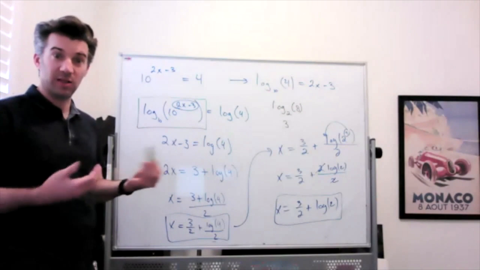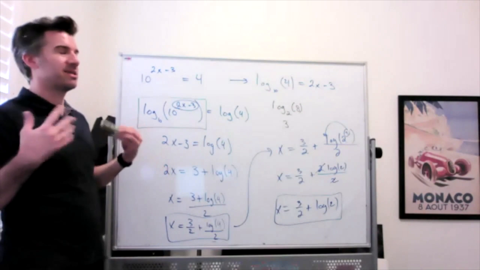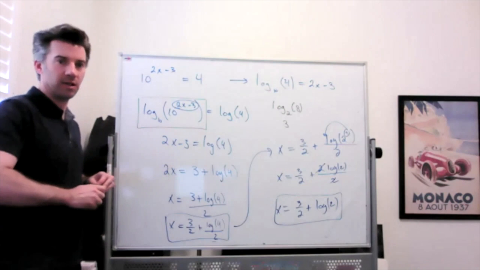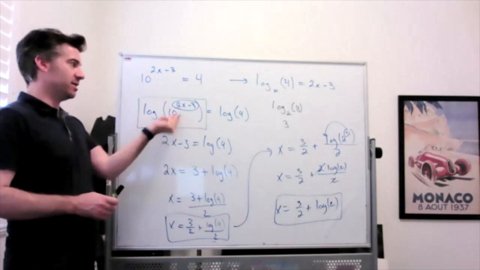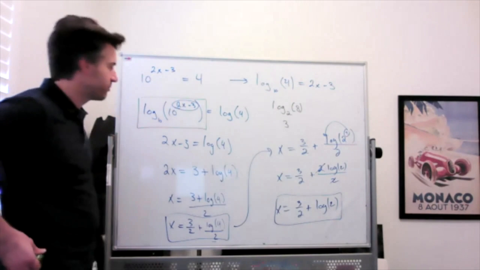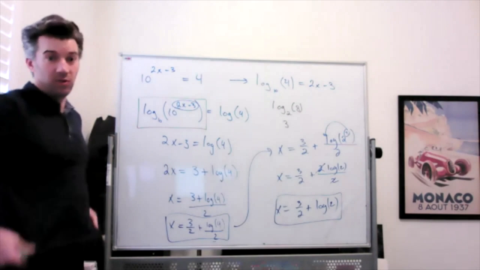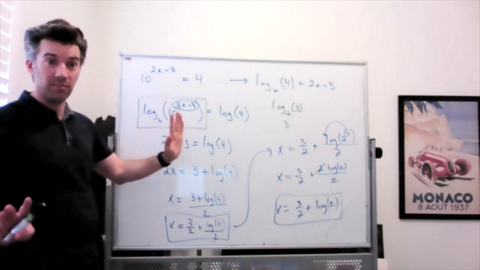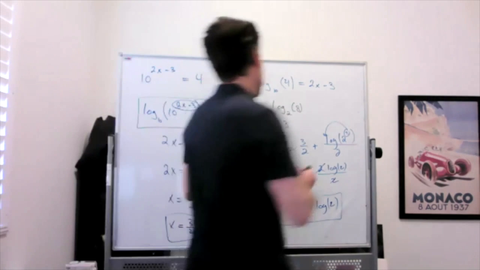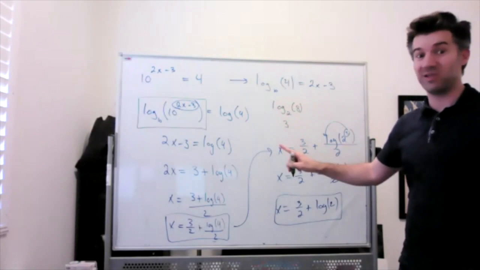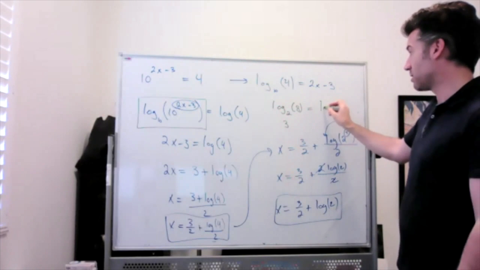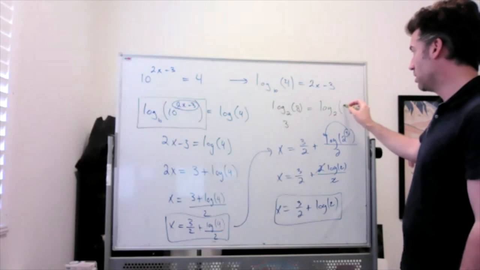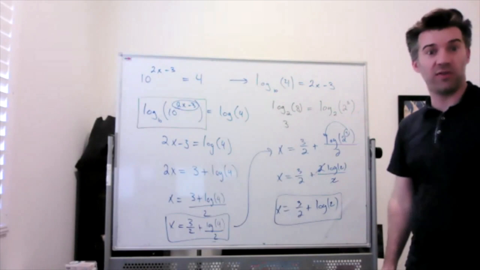But I like to think of it as undoing each other because it's slightly more correct language to think of the log base 10 and 10 to the something as undoing each other. But yes, it is something that happens all the time. So as long as the bases are the same, they undo each other. Really, you could also write log base 2 of 8 as log base 2 of 2 to the third.